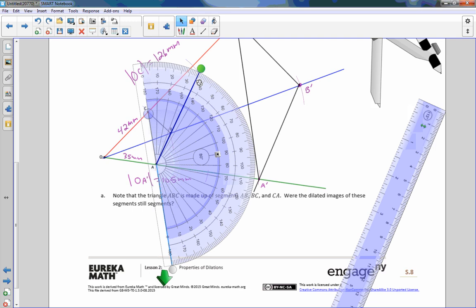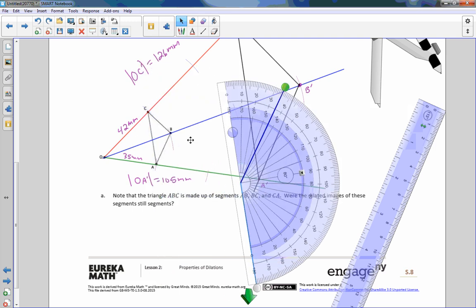So I'm at 35 degrees. So AB is 35 degrees. So this angle right here is 35 degrees.